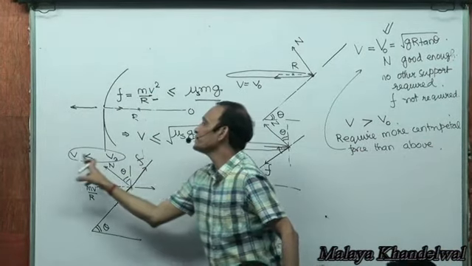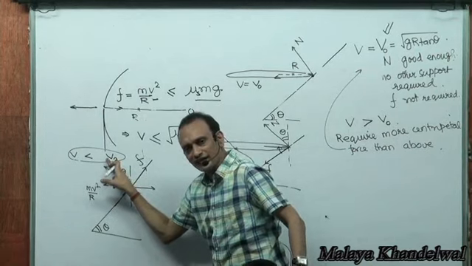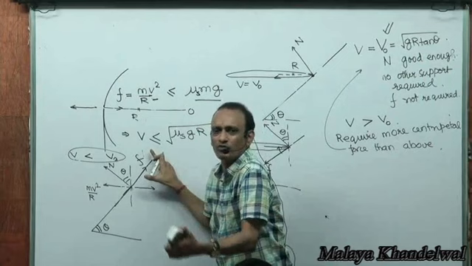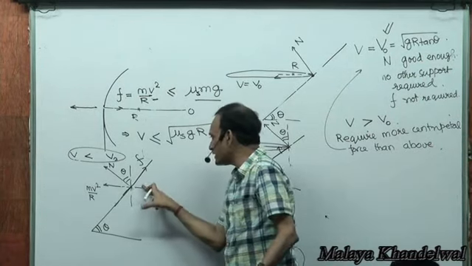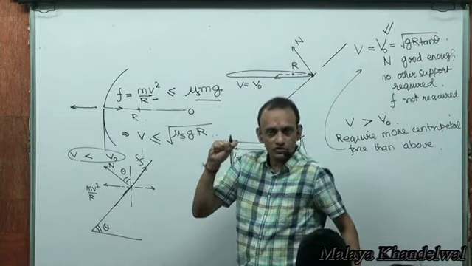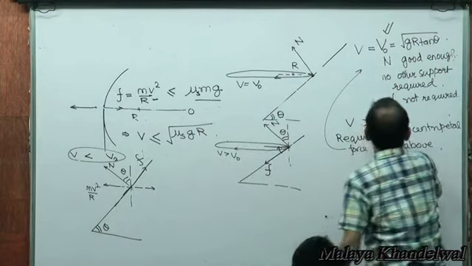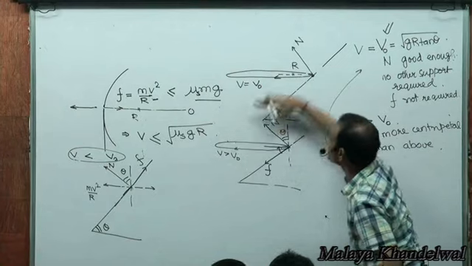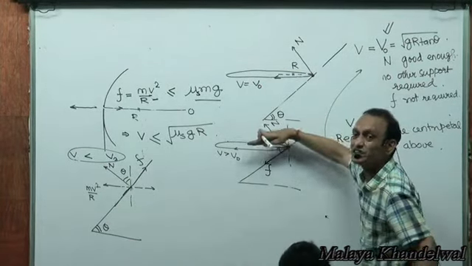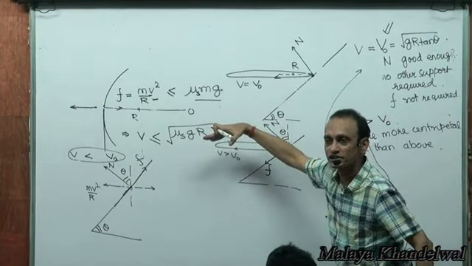This is the case where the velocity is less than root gr tan theta, friction has to act outwards because now it needs a lesser amount of centripetal force. There is a component of F in this direction which dilutes the centripetal force, right? If V is more than V naught, then you need more centripetal force than this case. Friction then helps and aids in providing that differential. Yes or no?